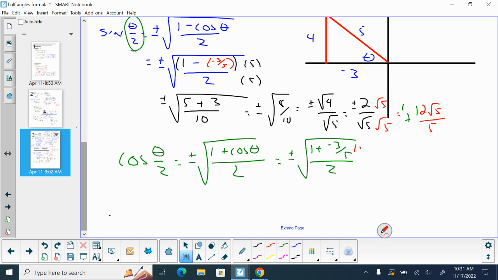I can multiply top and bottom by a value of 5. So we have 5 minus 3 divided by 2, divided by 10, which is 2/10, which takes us back to 1/5.